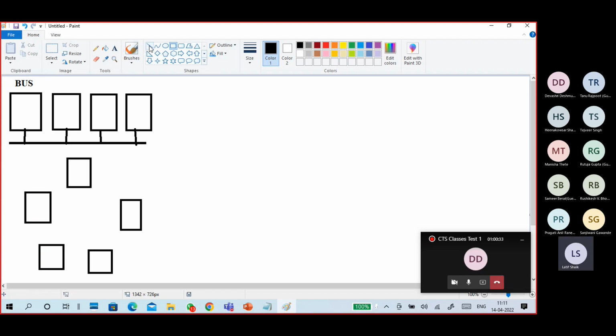I connect my PC to another PC, that PC to another PC, side by side, one PC connected to another, like this. Finally, the last device is connected to the first device, just like a closed circuit.